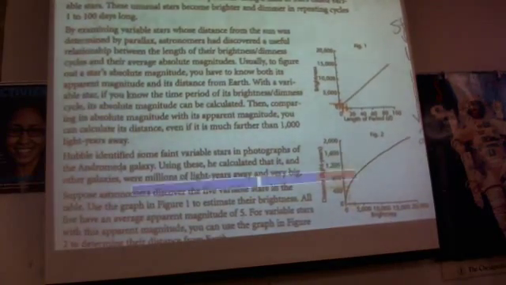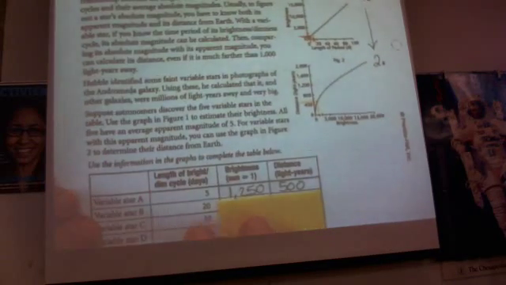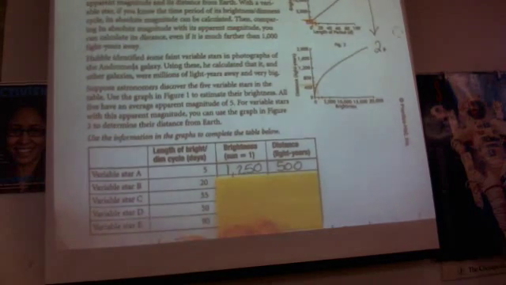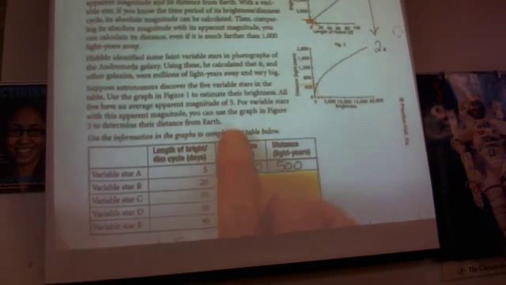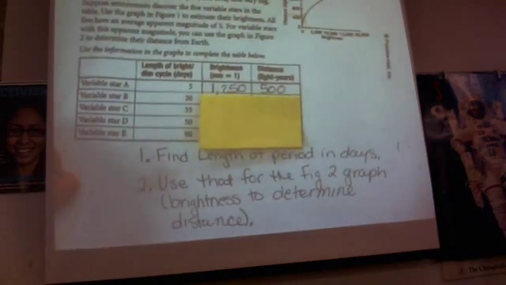You're going to use figure 1 and figure 2 to answer these questions. We're determining the brightness of variables A, B, C, D, and E. Once we determine the brightness, we then have the information to figure out the distance. I'll step through that with you, so if you want to, write down the steps.